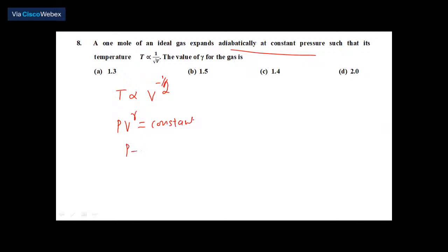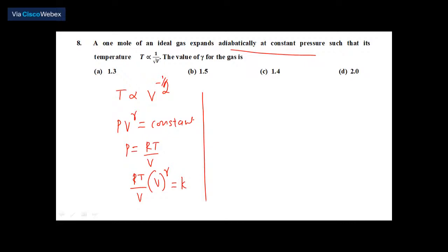What is P equal to? P is equal to RT divided by V. Let us substitute for P as RT divided by V into V to the power gamma is equal to constant K. Here R is a constant and V goes to numerator. It becomes V to the power minus 1.